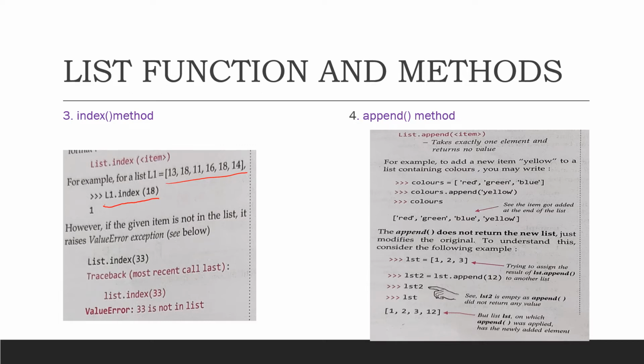So when we see over here, there are two 18s. So we have to see the first occurring 18 and write the index value of it. So the first occurring 18 is this one. So the indexing goes forward over here. So if we take forward, then it is 0 and 1. So the index value of the 18 is 1. So that's why we get the output as 1.